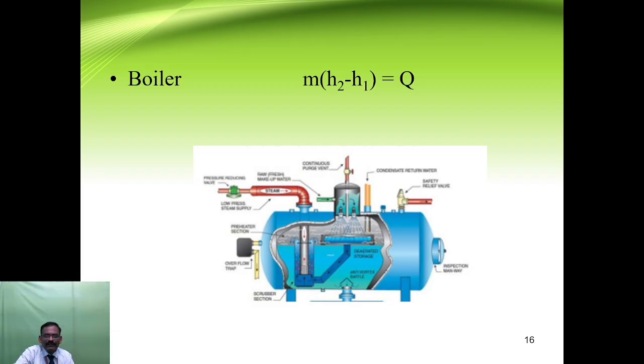In the boiler, by using the steady flow energy equation, the heat input given to the boiler is equal to mass into enthalpy difference, that is H2 minus H1. H2 is the enthalpy at exit, H1 is the enthalpy at inlet. It is multiplied by mass, then we get the total heat supplied. This is the equation derived from the general steady flow energy equation.